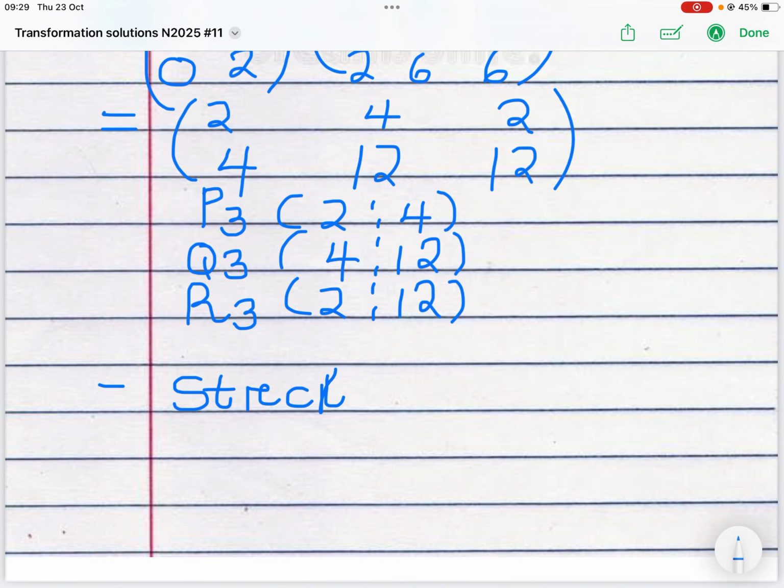This is stretch, right? This is stretch. This is the first mark. And then the invariant line, we are going to say x-axis is the invariant line.